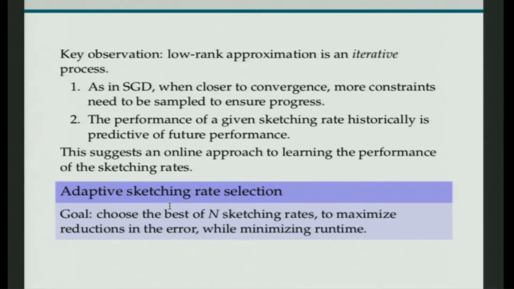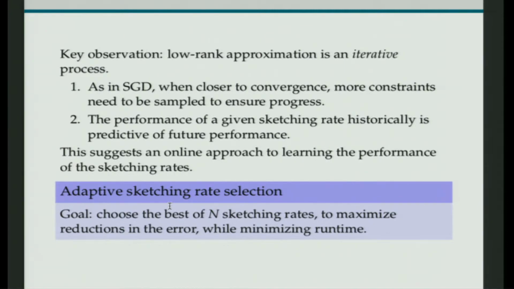The key observation is that this low rank approximation is an iterative process. Like I said, as in SGD, when we get closer to convergence, we expect that we need to sample more constraints. So how do we do that? We think that the performance of a given sketching rate historically should be predictive of its future performance. That suggests that we can use some online learning approach to figure out which sketching rates perform best and then use those.